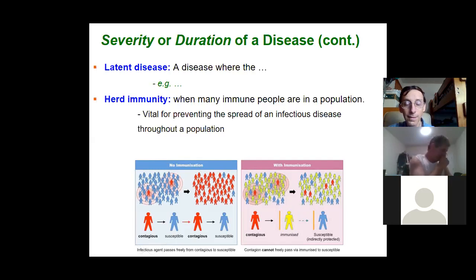And this herd immunity has a different threshold for each disease. With COVID-19, we will need 80 to 85% of the population immunized before COVID-19 will stop spreading. Okay?